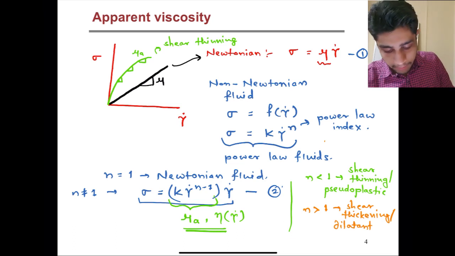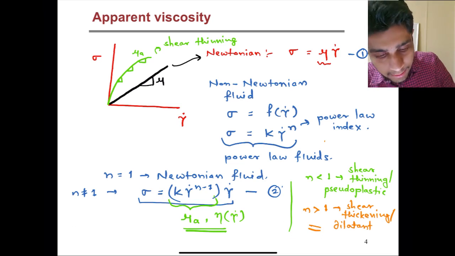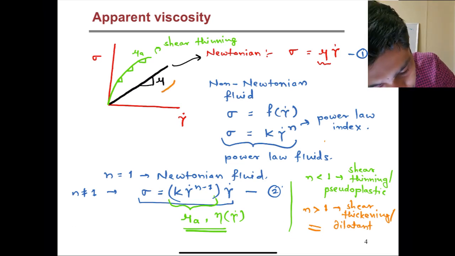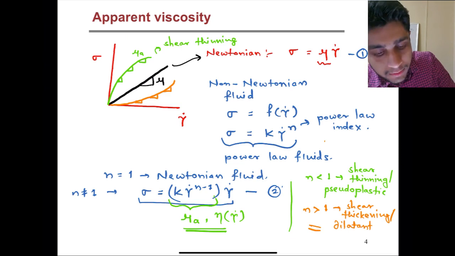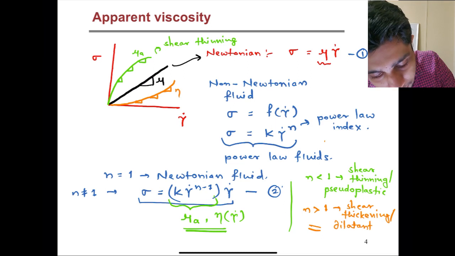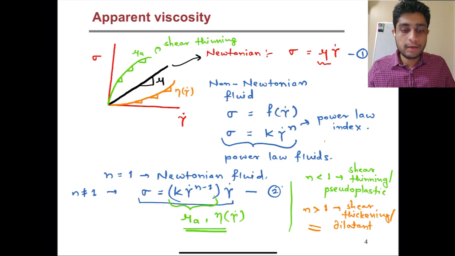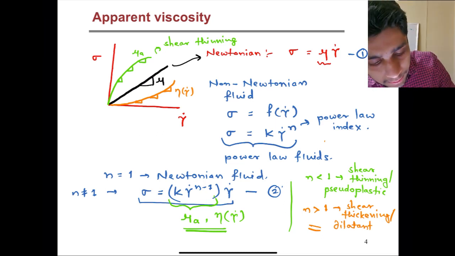Now if we plot the shear stress versus shear rate behavior of these shear thickening fluids, it looks something like this. If you look at the slope at any point on this curve, which gives us the apparent viscosity, you will see that the apparent viscosity here increases with the shear rate. So for shear thinning fluids, the apparent viscosity decreases with shear rate, and for shear thickening fluids, it is the opposite. Its apparent viscosity increases with the shear rate.